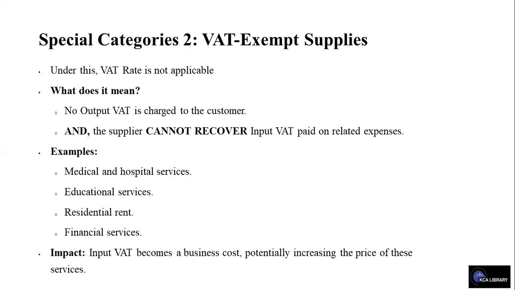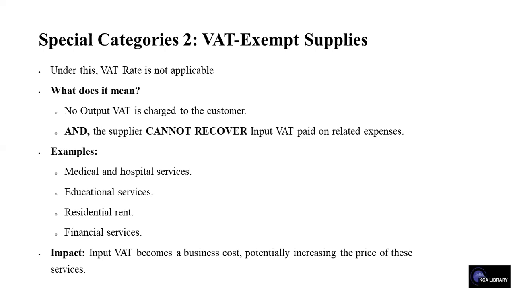The next is VAT-exempt supply, and under this, the VAT rate is not applicable. What it means is that no output VAT is charged to the customer, and the supplier cannot recover input VAT paid on related expenses.